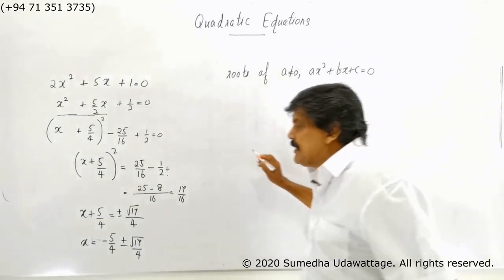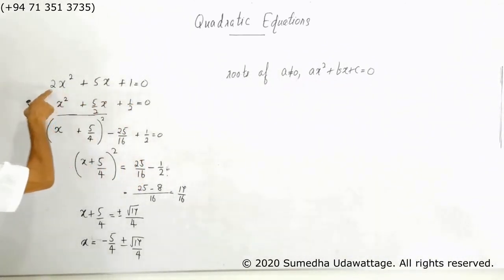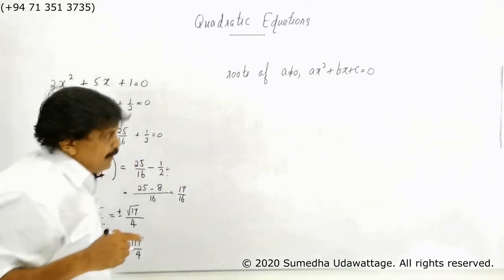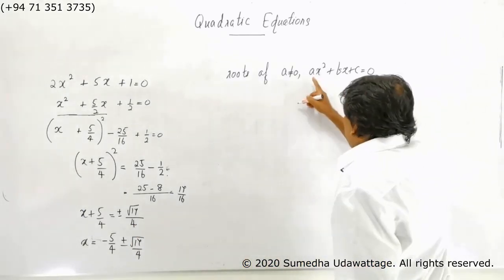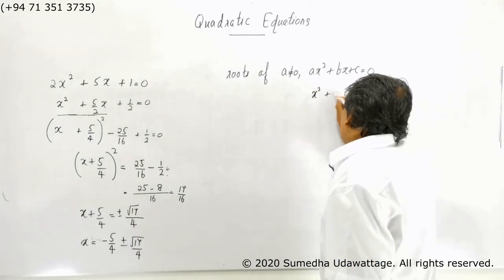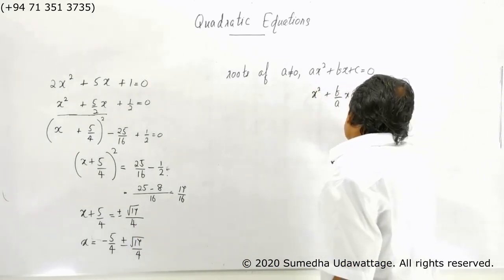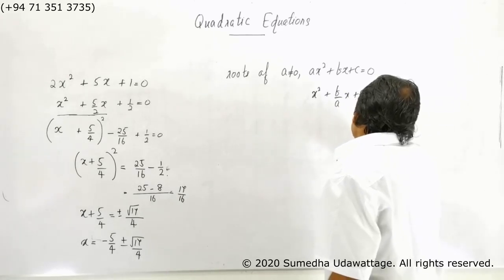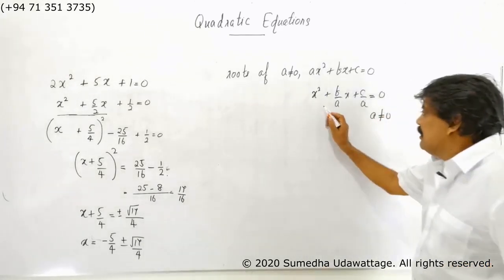The first step is that you divide the complete equation by this value. Then you get x² + (b/a)x + c/a = 0. You have to say that a is not equal to 0, otherwise you can't divide.